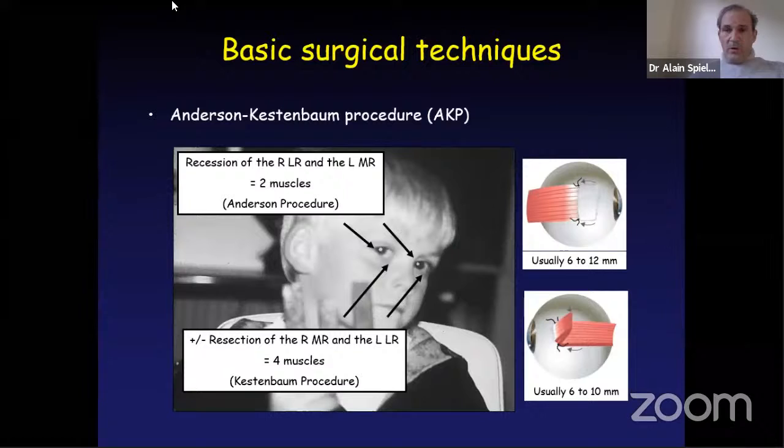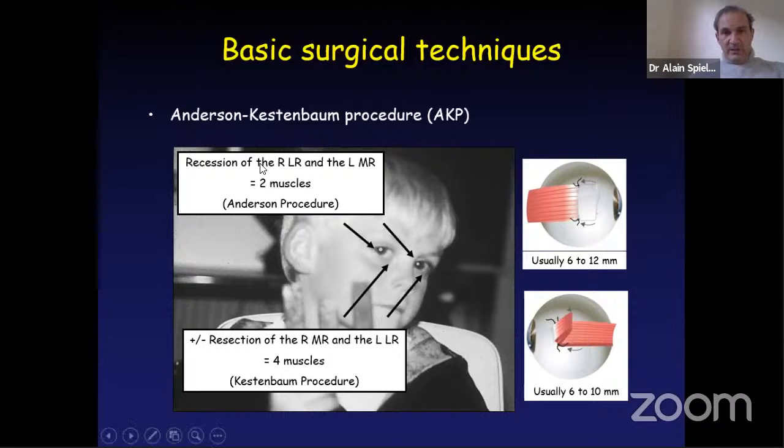To start, I want to talk very briefly about the basic surgical techniques, just to make sure everybody understands what is nystagmus surgery. The main procedure is the Anderson-Kestenbaum procedure. When surgery is on two muscles, it is usually a recession of one muscle on each eye.